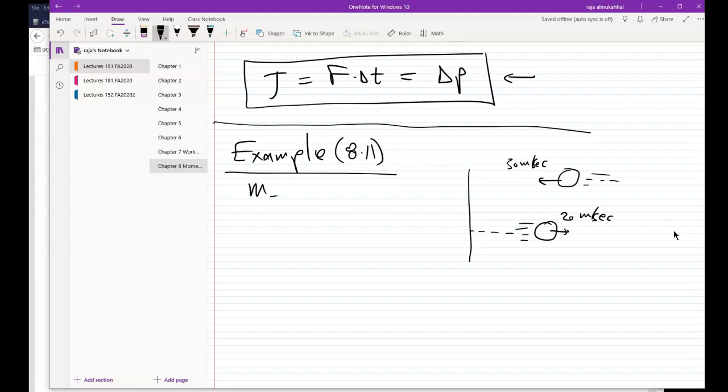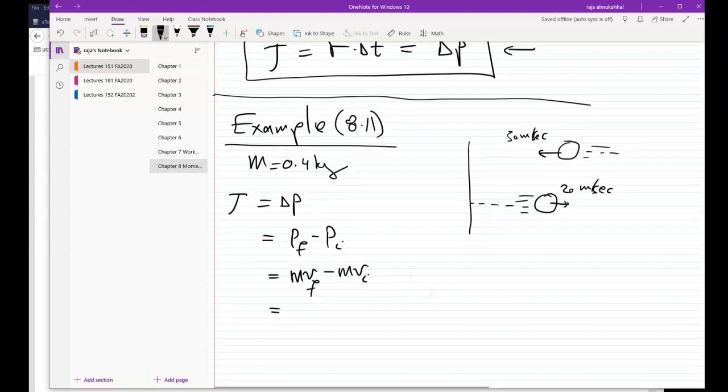We know the mass of the ball is 0.4 kilogram. He wants the impulse, J. Well, J, we said, is delta P. Remember I told you, most of the time you end up adding the two, final and initial, because of the direction. Not all the time, but most of the time. So it's going to be P final minus P initial, so that's mV final minus mV initial.